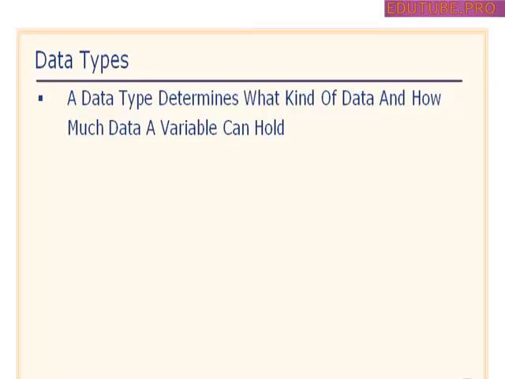Now the next important thing that a data type does for us is it determines how much data a variable can hold. Different data types create variables that consume different amounts of memory. The best way to think about this is to think about your attic or your garage, wherever you store all your junk, and I know you've got junk, okay? Because if you're going to store, say, 5 or 6 pairs of shoes, your favorite shoes, you don't want to get rid of them, so you put them in a box.